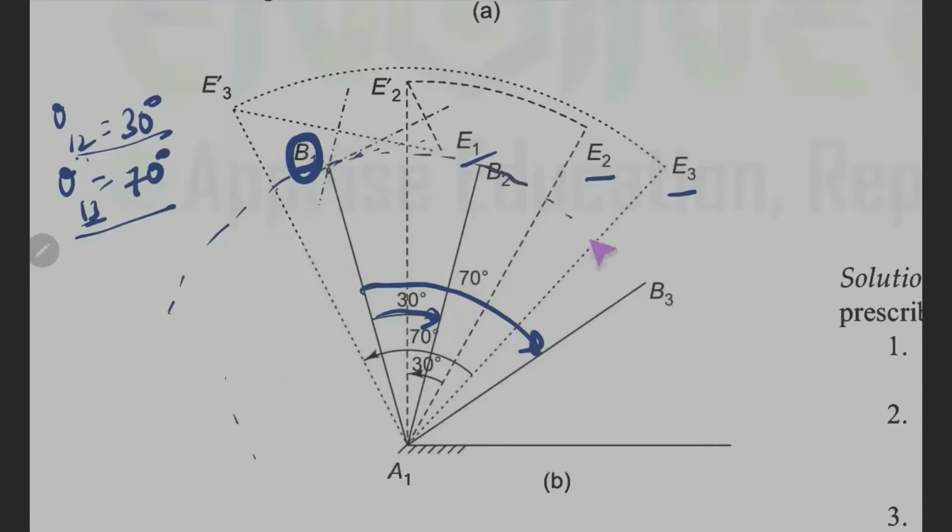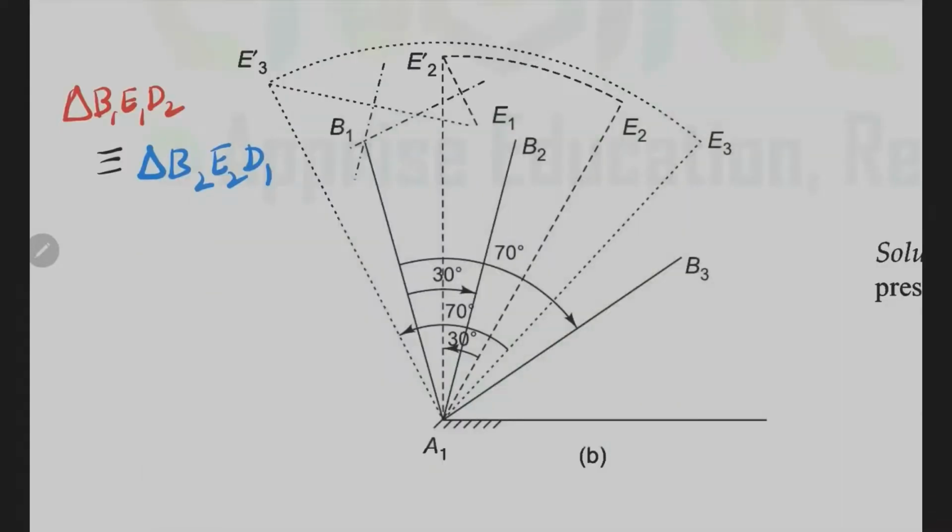So it looks somewhat like this. At these angular positions, draw a straight line, and the point where it intersects the locus is B2, and the point where this intersects the locus is B3. Now we have completed various locations of the input crank.